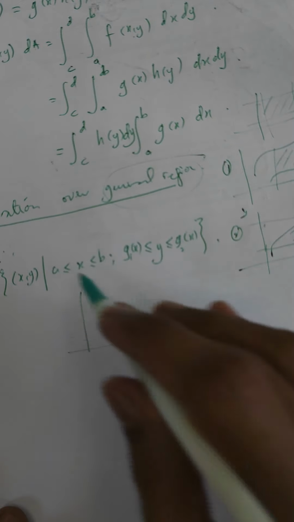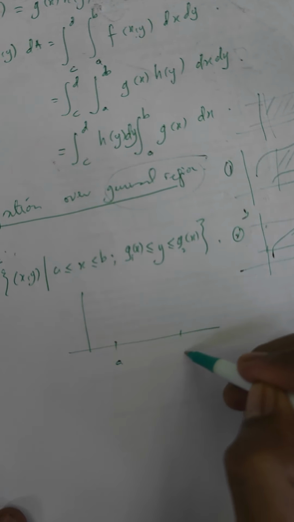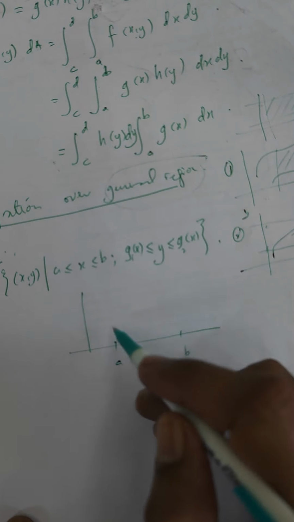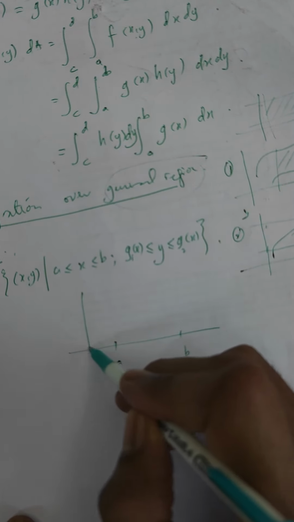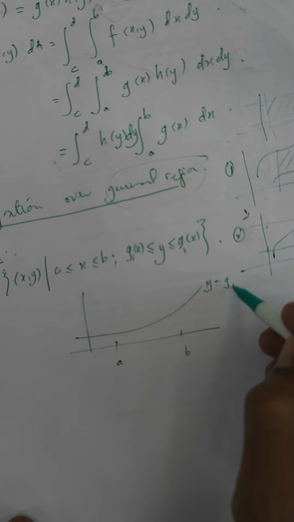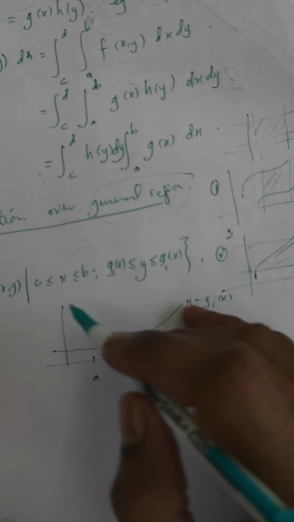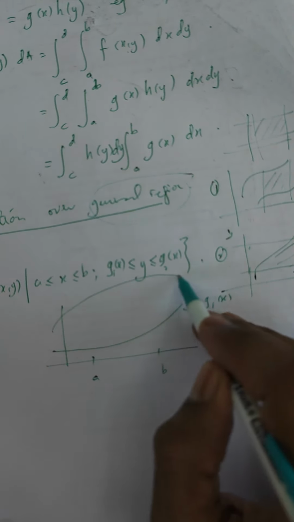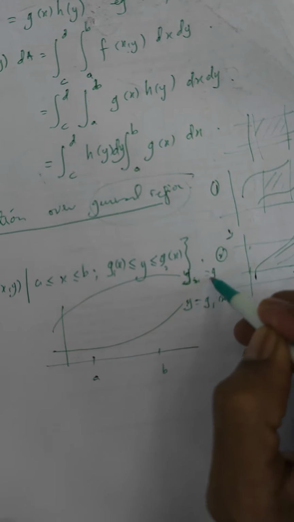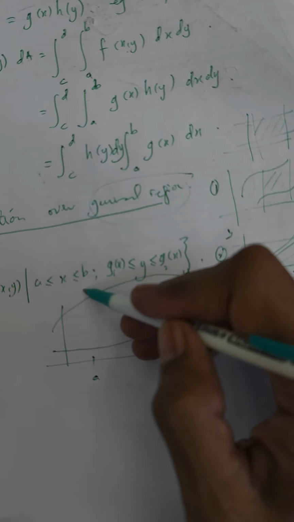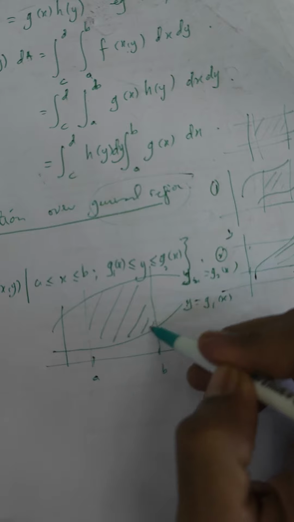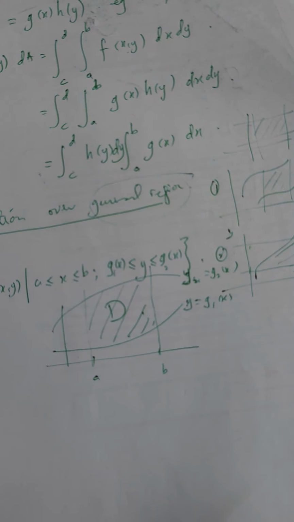We have x between a and b, y between two functions. This is y equal to g1(x), and the other one, y bounded by that function, y equal to g2(x). So this is our D.